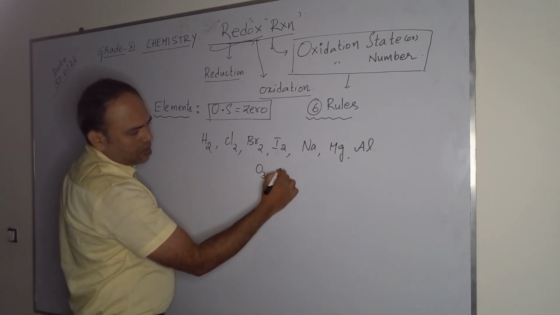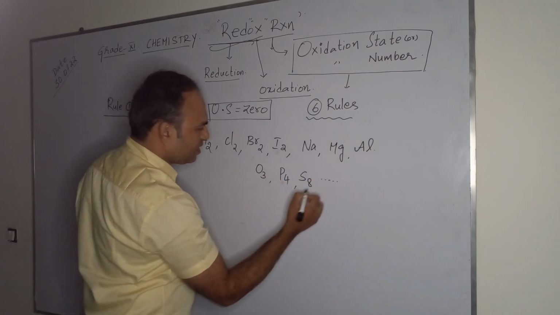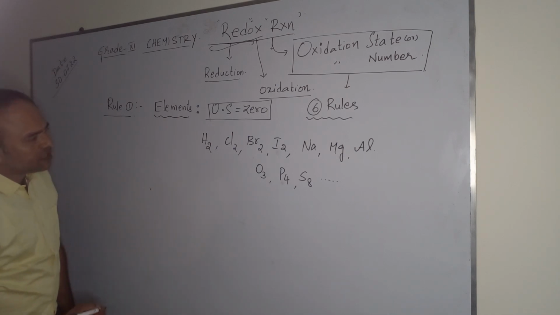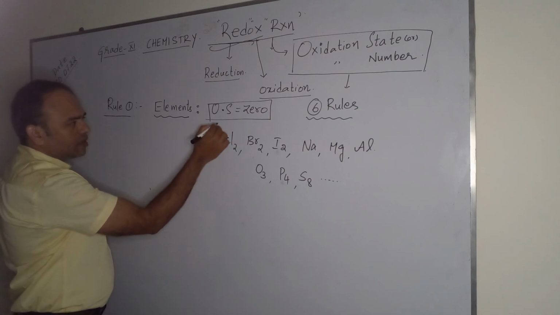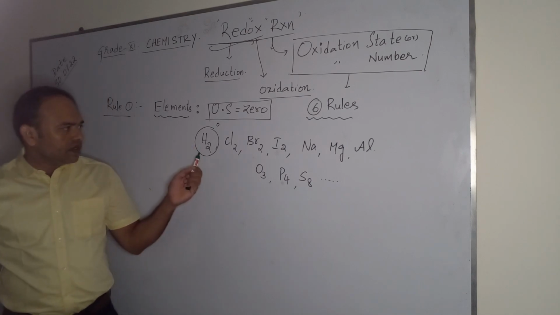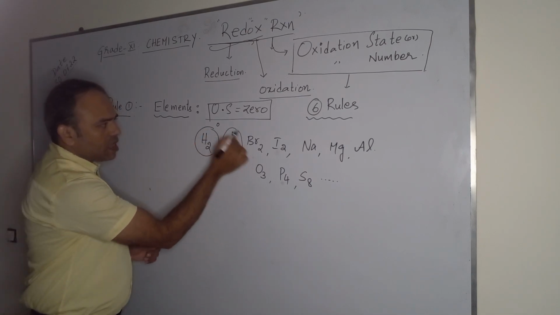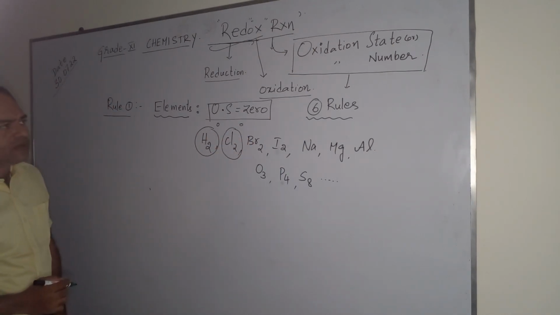Next, P4, S8, all these are elements. If I want to write the oxidation state, I'll circle this and above it I'll put 0. That means the oxidation state of hydrogen element is 0. If you want to represent chlorine's oxidation state, circle that and keep 0 above it. Hope you have understood this.